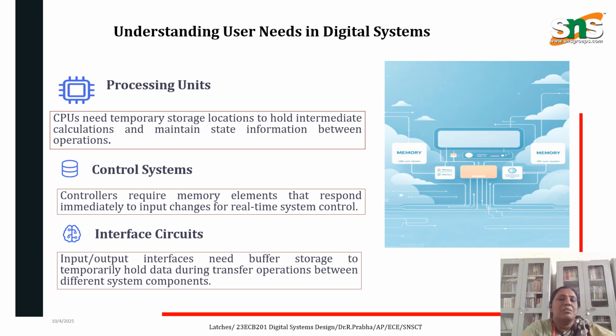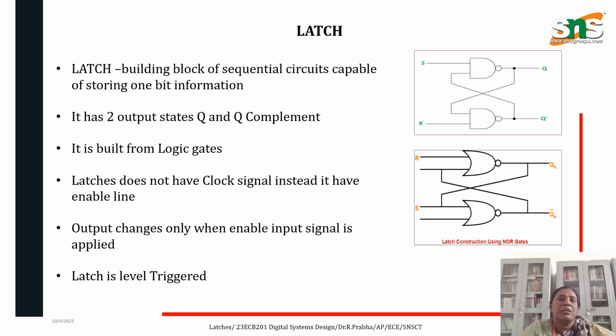Control systems require memory elements which respond immediately to input changes for real-time system control. Interface circuits need buffer storage to temporarily hold data during transfer operations between different system components. So all these systems require a memory unit, and a latch satisfies that.